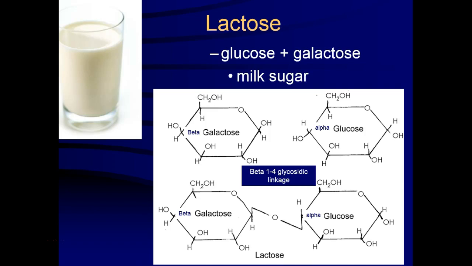This enzyme is called lactase. Right? Enzymes are often named for what they work on. So lactase, anytime you see ASE at the end of a word, think to yourself, oh, I bet that's an enzyme. That's a common suffix that chemists use for enzymes. Right? So here we have lactase that goes and breaks down lactose into galactose and glucose.